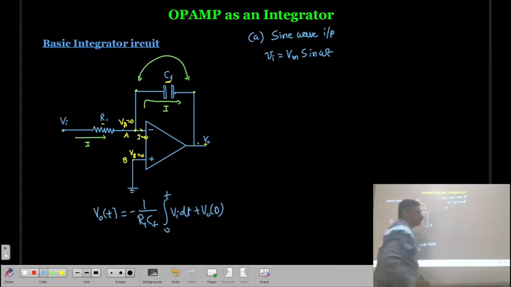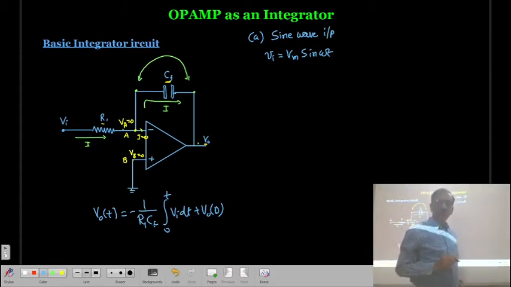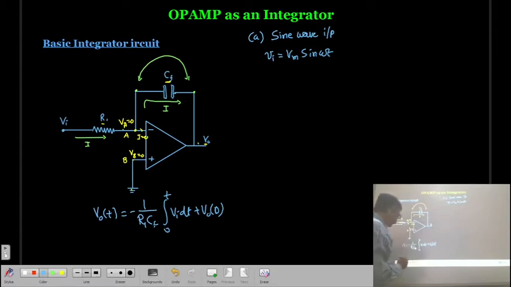So, in this output voltage of the integrator, remember we have R1CF. R1CF is known as the time constant of the integrator. Time constant of the integrator is R1 into CF.